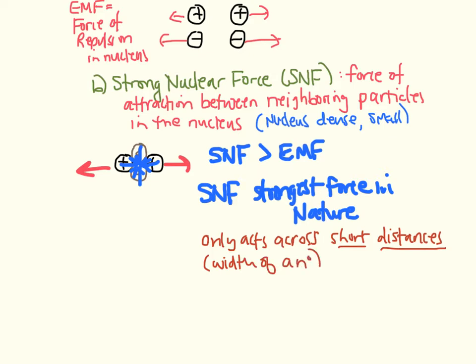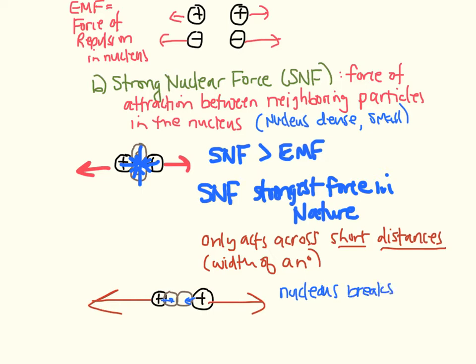Meaning that if you get too much space between 2 neighboring protons, so let's say you have 2 protons, and in between those 2 protons you have a lot of space, like a couple of neutrons or more, then what happens is the electromagnetic force takes over. And the strong nuclear force isn't strong enough to override it. And then the nucleus breaks apart. And when that nucleus breaks apart, that's when you've got radioactive elements.